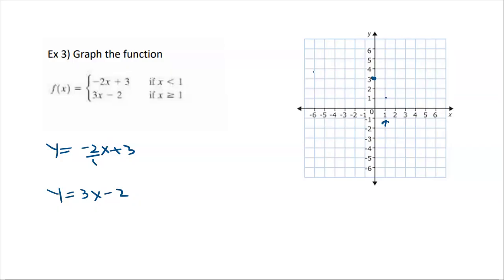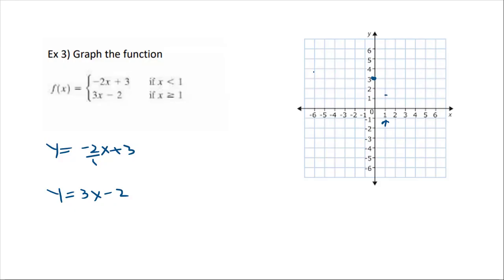Now I have to be careful here because it says x is less than 1. So that means I only want the graph that's on the left side of 1. And it also means there's no equal sign, so at 1 I'm going to have an open circle.